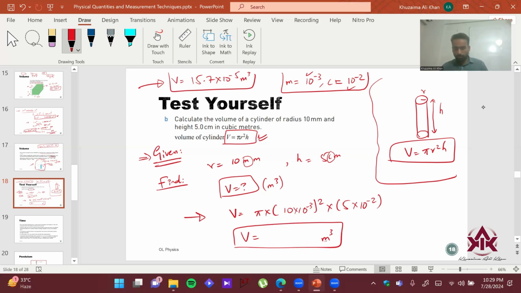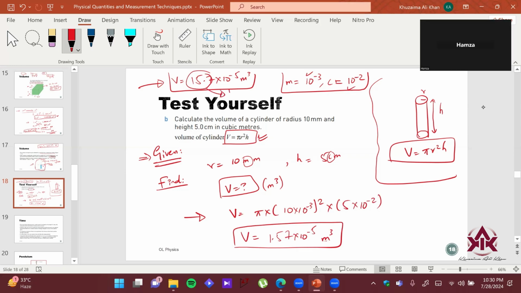Okay, so pi into (10 times 10 to the power minus 3) squared times 5 times 10 to the power minus 2. So it's coming out to be basically 1.57 times 10 to the power minus 5. I think, Hamza, you meant 1.57? No, 1.57. Let me check. It's 1.57. Okay. अच्छा जी.